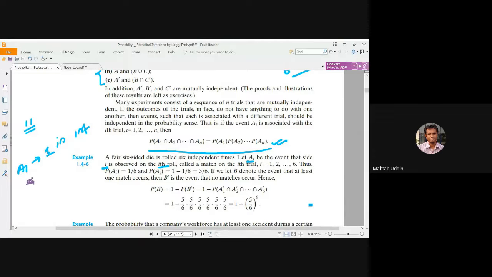So what is A2? 2 in the second, right? And A3 means 3 in the third. They are independent. So it's not mandatory that 1 in the first, then 2 in the second. যে কোনো একটা ঘটতে পারে, তাই না? Yes, sir.